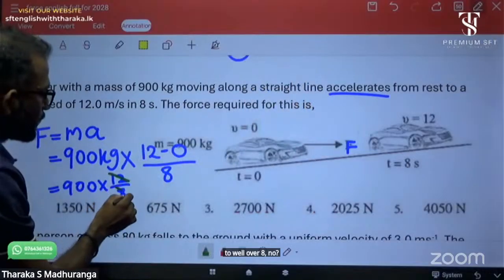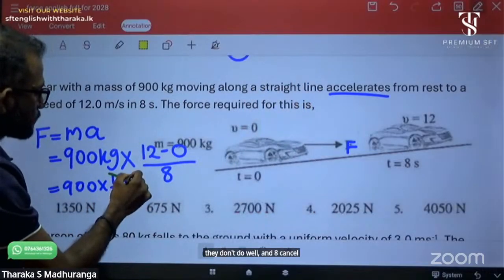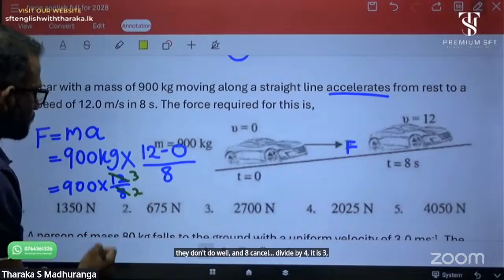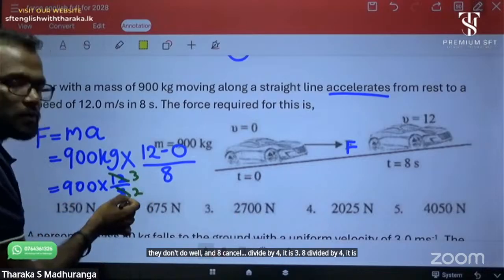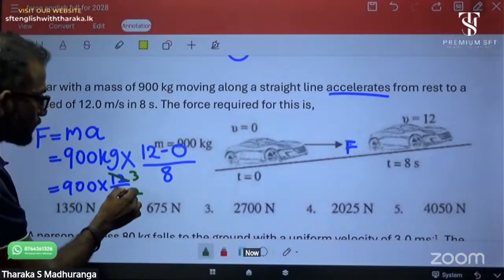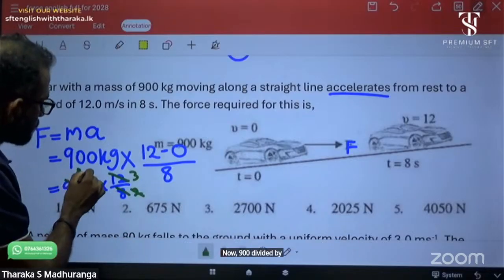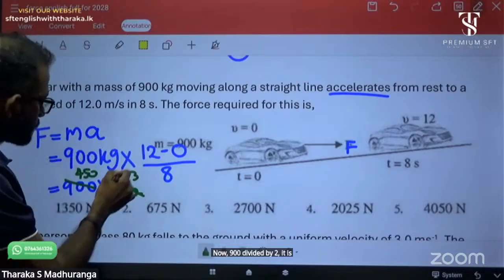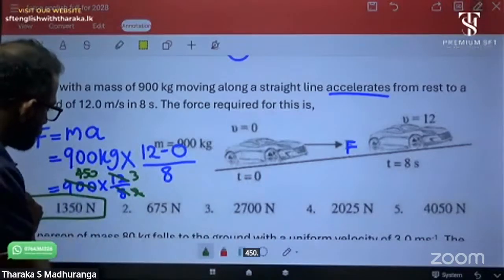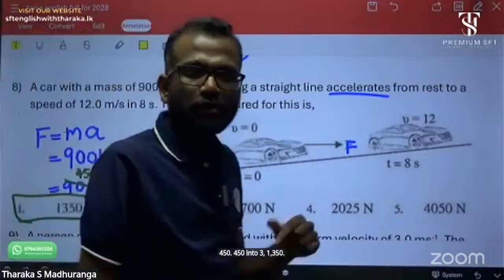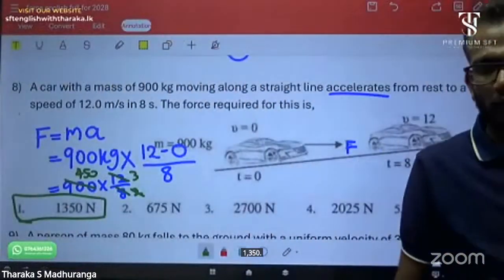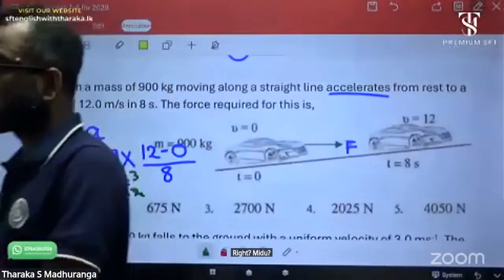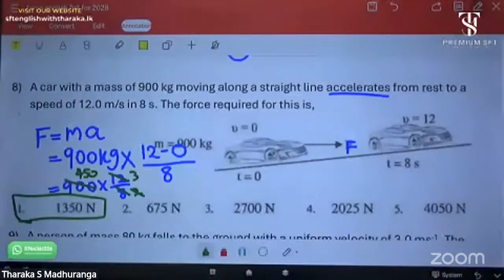Then 12 and 8 cancel: 12 divided by 4 is 3, 8 divided by 4 is 2. Now 900 divided by 2 is 450. 450 into 3, 1350. Right? Understood?